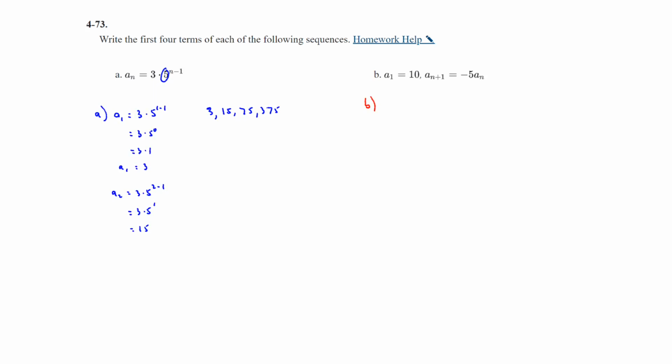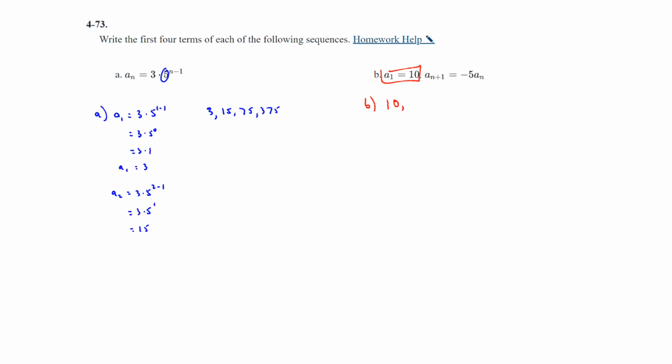Part B, it's given us the first term, so we already have a starting point. And then the next thing tells us that at n plus 1, that next term, you're going to take negative 5 times the previous term. So this is telling you just what is happening in the problem, is that if I want to find the second term, then I will take the first term and multiply by negative 5.